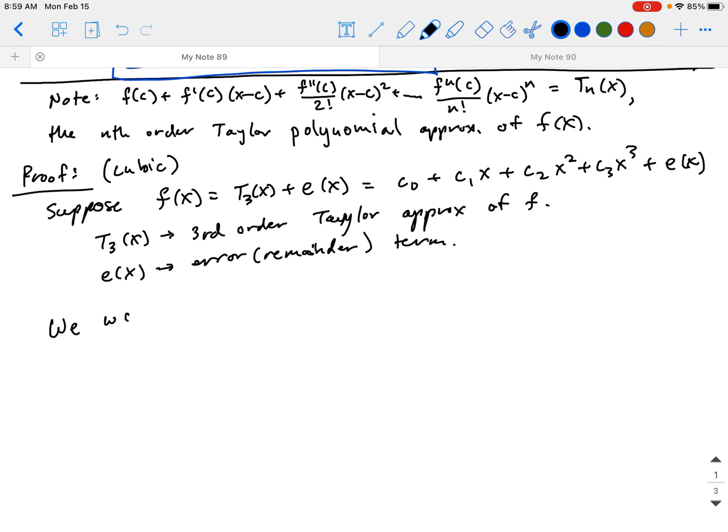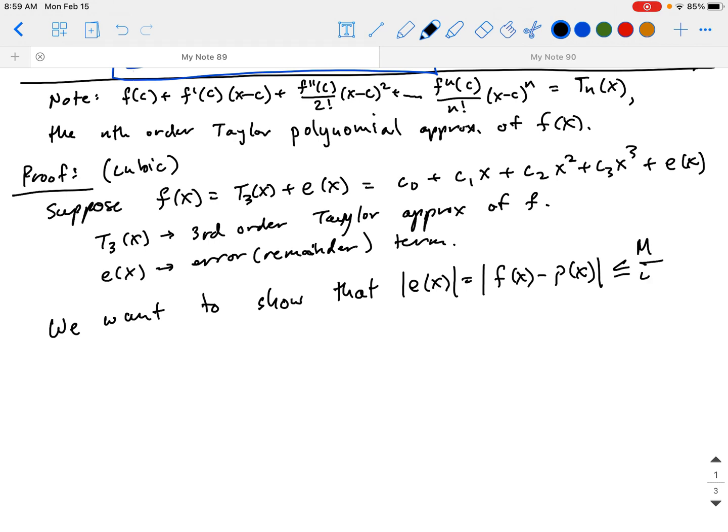So by our theorem above, we want to show that the absolute error, which is the difference in our true cubic function and our cubic approximation, is less than or equal to some number m over 4 factorial x to the fourth.